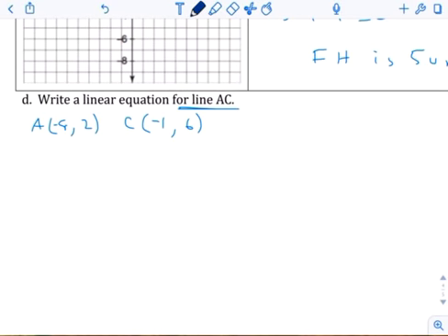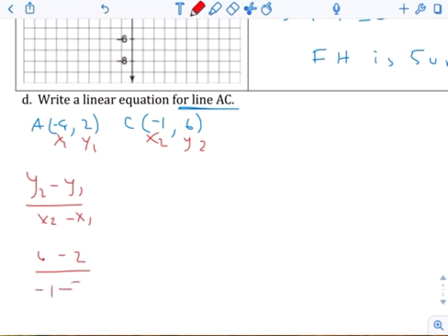So you get x1, y1, x2, y2. So y2 minus y1 over x2 minus x1. You get 6 minus 2 over -1 minus -8. You get 4 over 7.